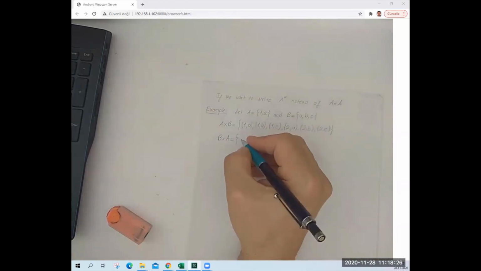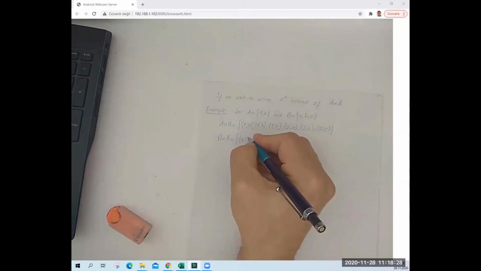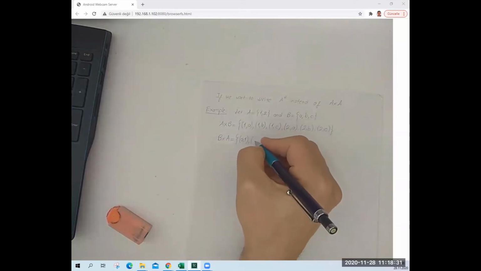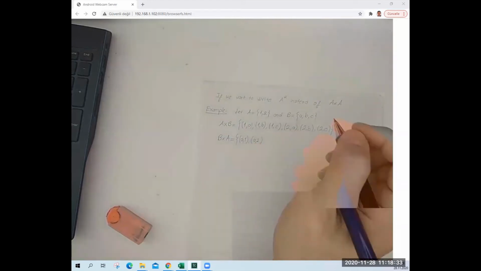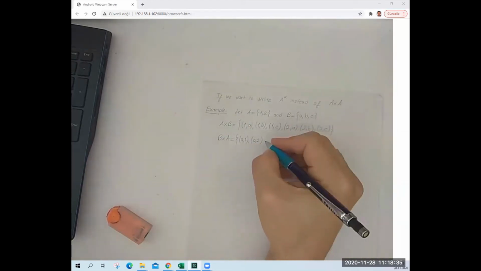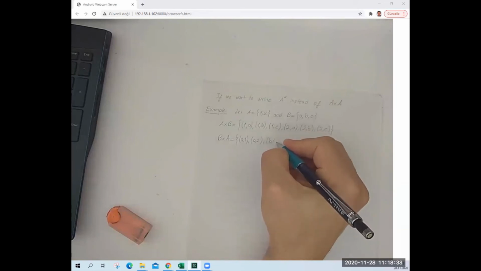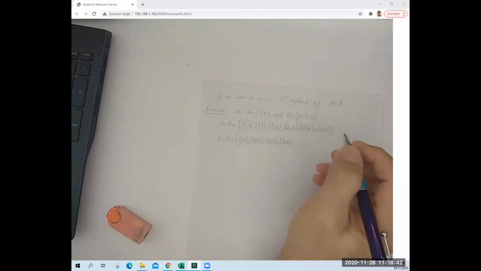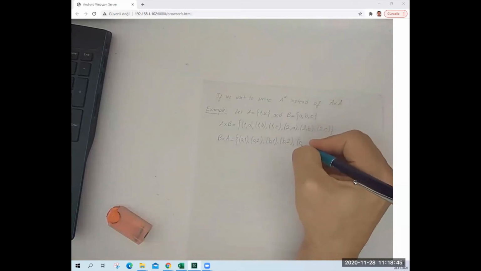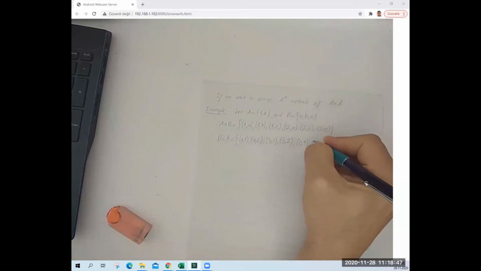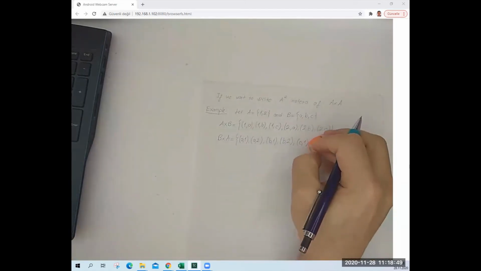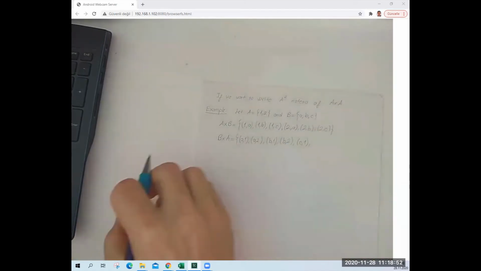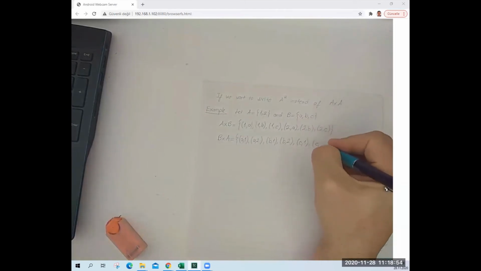And a to 1 is the first pair, a to 2, and b to 1, b to 2, and c to 1, and c to 2 is the last pair.